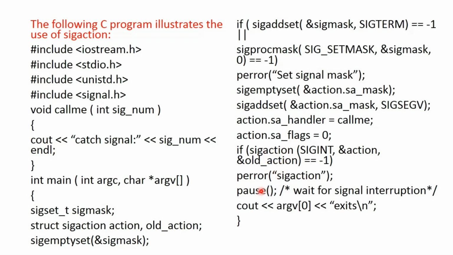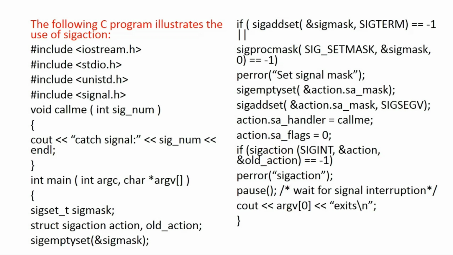After assigning values to the structure variables, you are calling the sigaction API here. In the sigaction API, the first argument is SIGINT, this is the new action, and this is the old action. If the API fails in setting a mask for SIGINT, it returns -1.